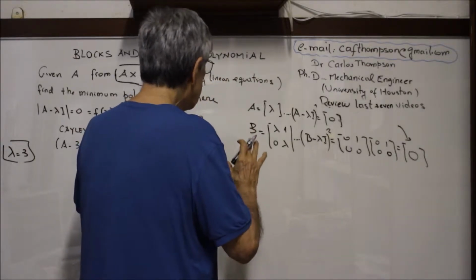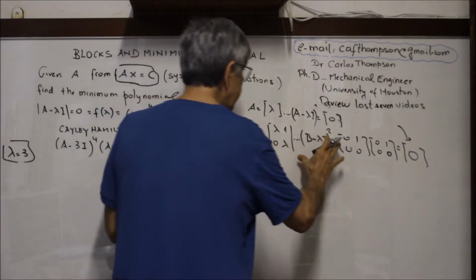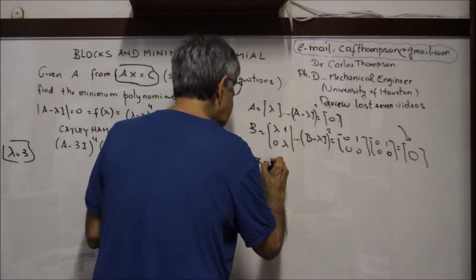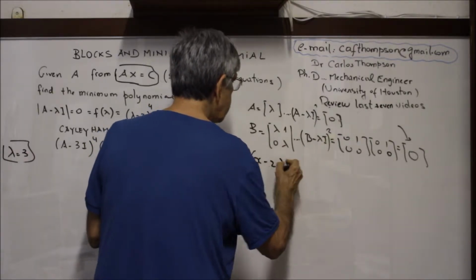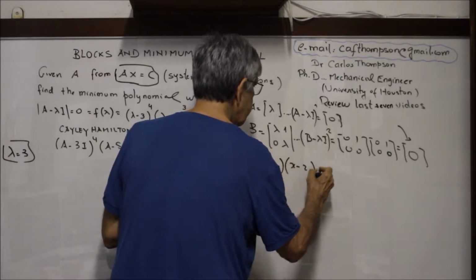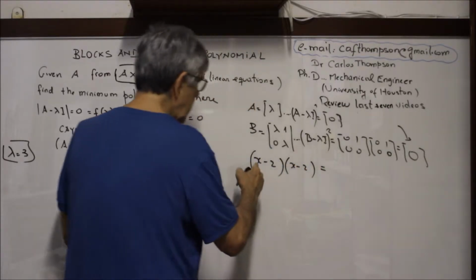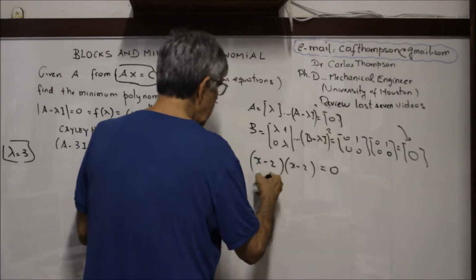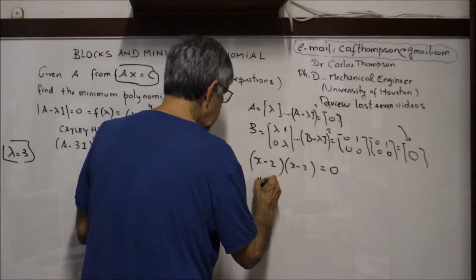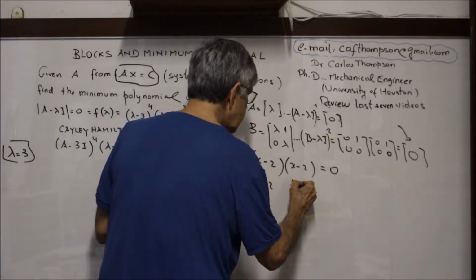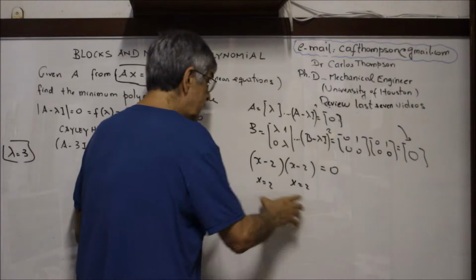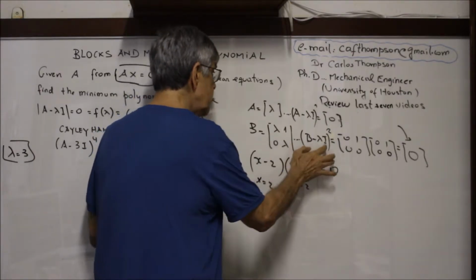Now, attention here, an important point. Look, for instance, if I have (x minus 2) multiplied by (x minus 2) equal to 0, this is satisfied for x equal to 2. Now, this doesn't happen here.